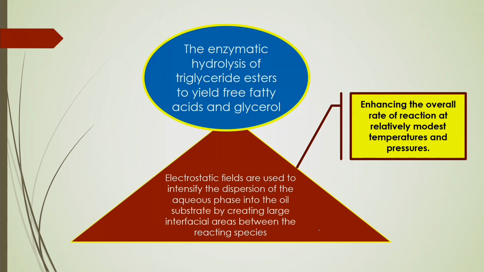In that case, you can produce droplets of the aqueous phase in the oil substrate, and also produce a large interfacial area between the reacting species by this electric field.